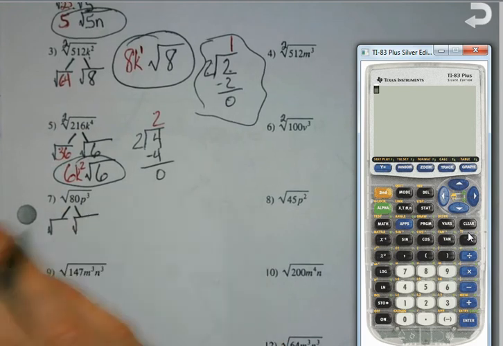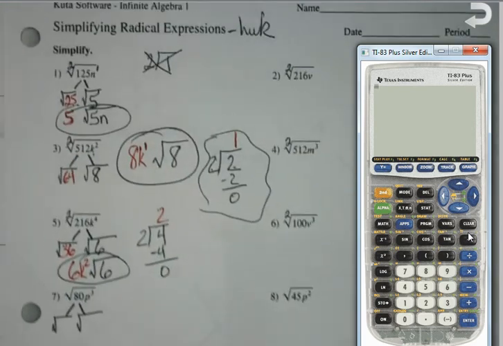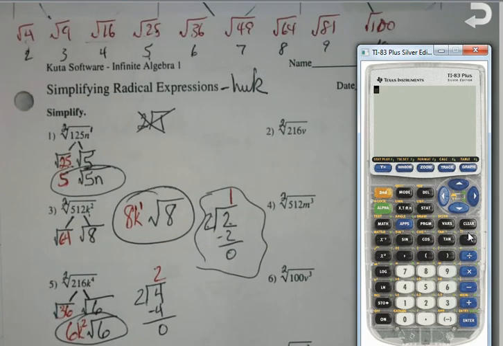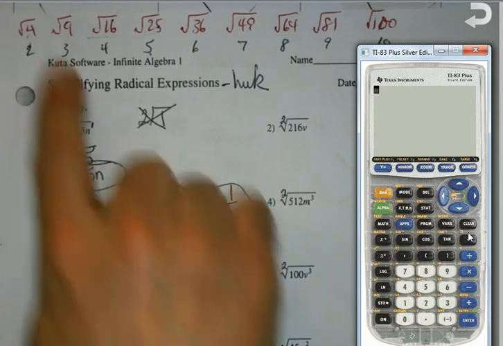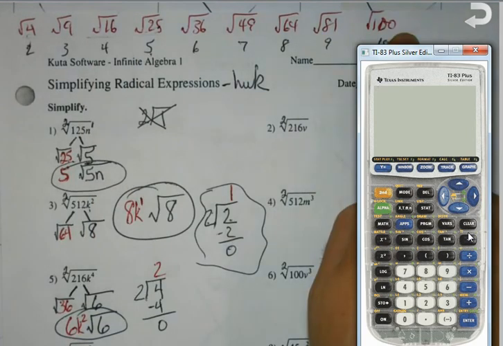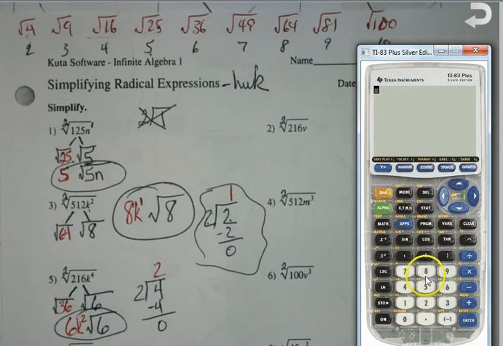How do you know what to do? Here's basically what I'm doing. These numbers that I've got up at the top, the ones in red, the square roots, one of the 2 numbers that I have will be one of these. I'm trying to find the biggest one that'll divide in. If I'm not sure, I'm basically just going to the calculator and I'm starting to divide numbers. So for instance, when I'm doing number 7, I've got 80.